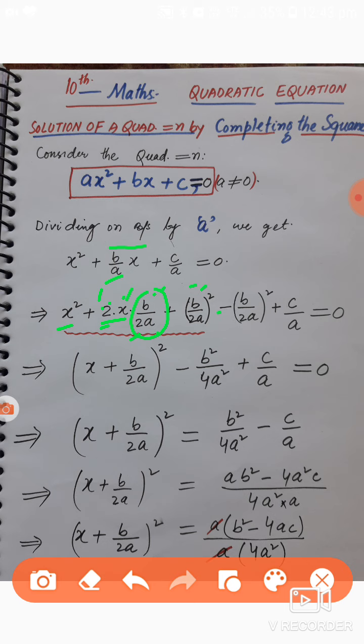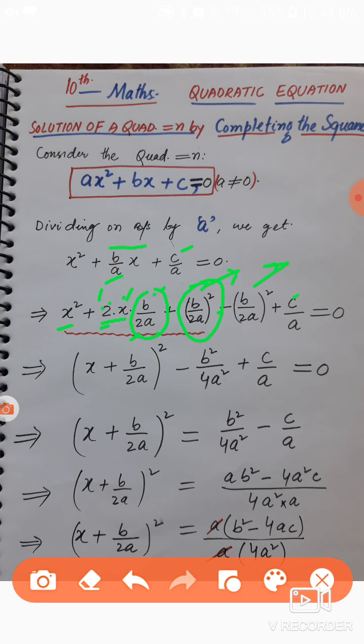Minus, we have introduced this term on our own in order to complete the square, so the same term gets subtracted, so that the equation will remain unaltered. Now the constant term c by a we will write at the end.